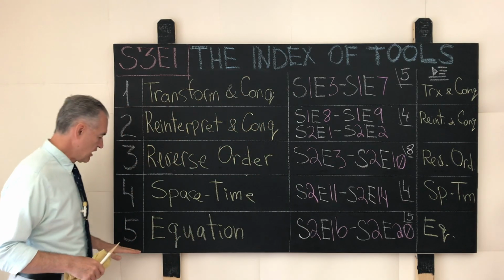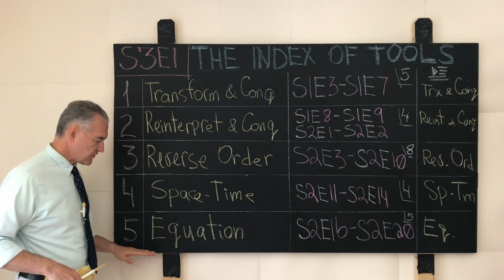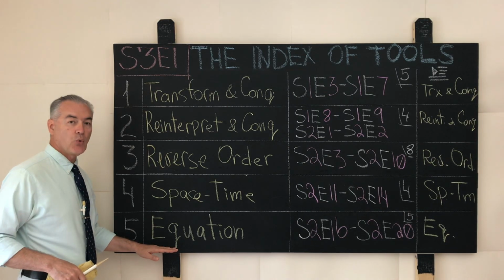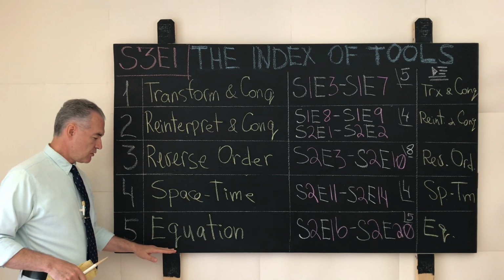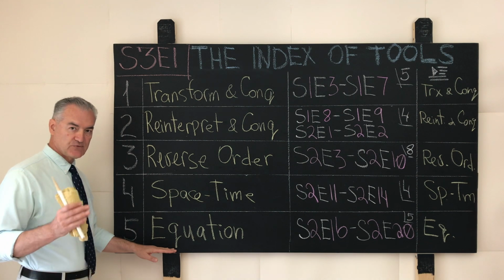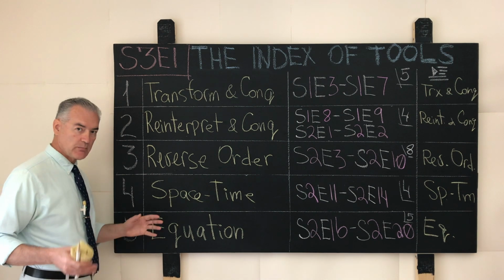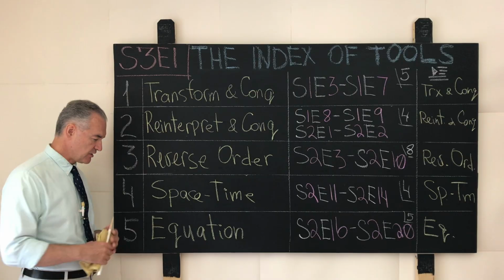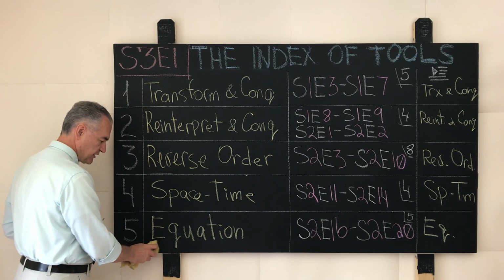The problem-solving approach number 5 is absolutely fundamental: equation. It works miracles and wonders in, for example, chemistry, where we balance all sorts of chemical equations. It works obviously in mathematics.